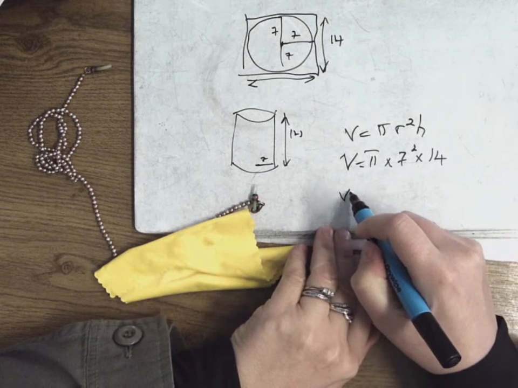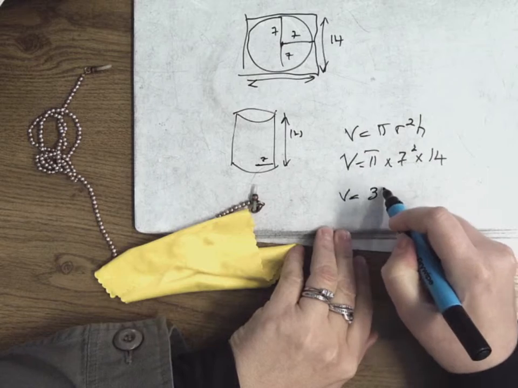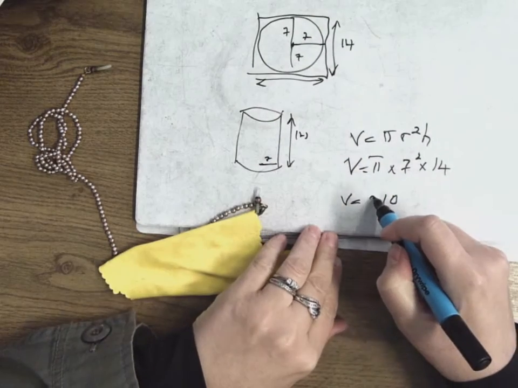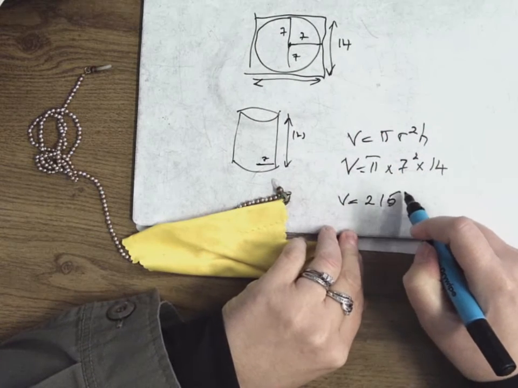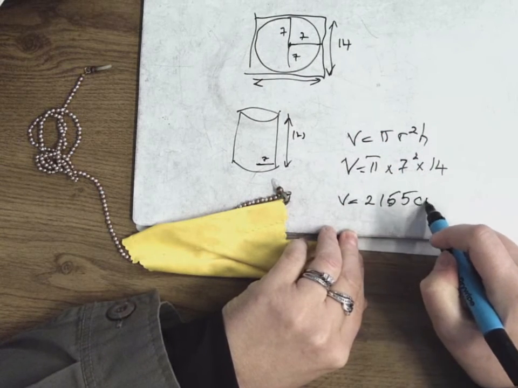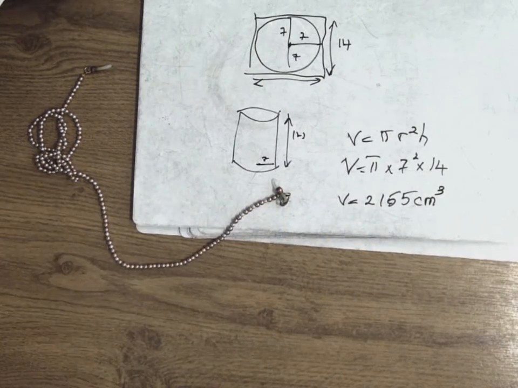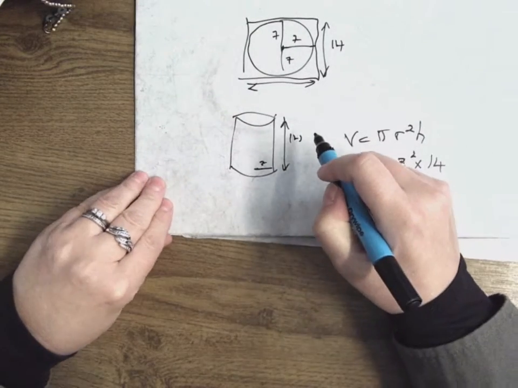Answer, does anyone have an answer for me? 2,155. Yeah, 2,155 cm cubed, thank you. 2,155 cm cubed is the answer to part 1.